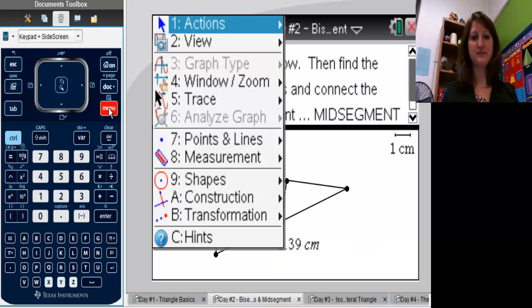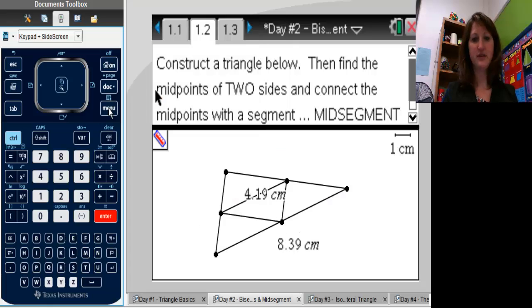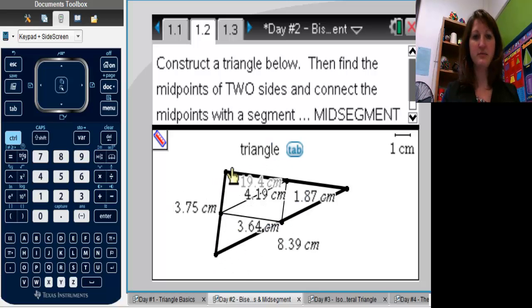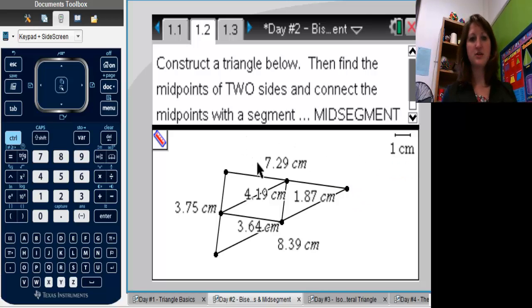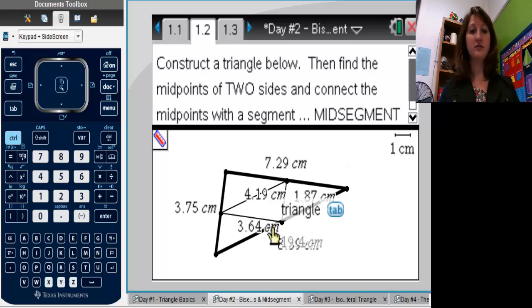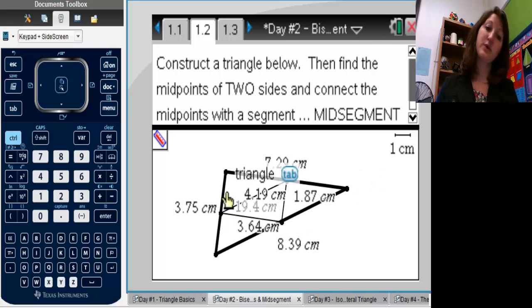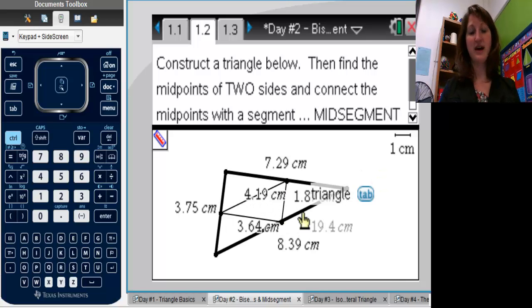If I measure the length of my 3 midsegments, and then the length of the 3 sides of the triangle, we should see that the midsegment is always half of the side that it's parallel to. So this 7.29 is across from the 3.64, so that's half. And the 1.87 is across from the 3.75, that's half.